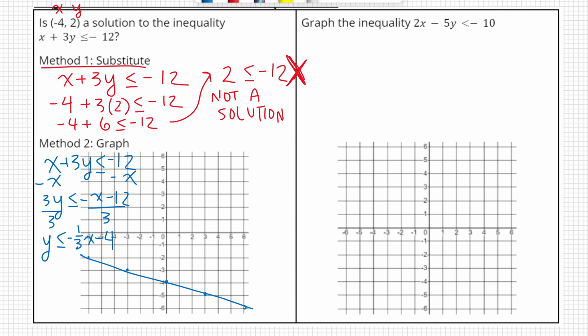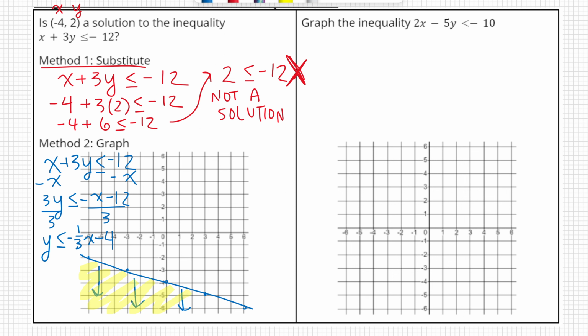The point that we're trying to verify is negative 4, 2. So on this graph, an x of negative 4 and a y of 2. Sorry, it's a little crowded, but it's right there where I put that red dot. As you can see, that point is not in my solution area.